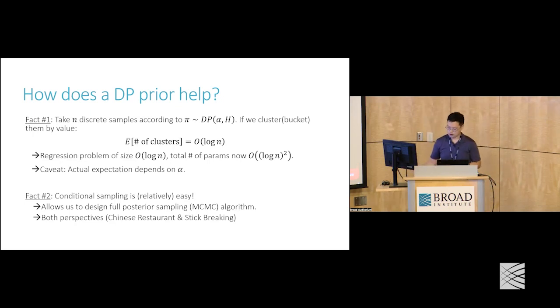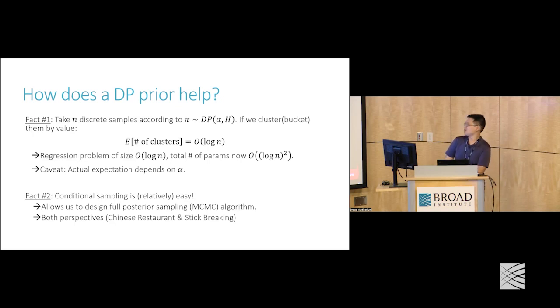To make this more concrete, if you have n organisms, you should expect to end up with log n clusters. So the regression problem that you started with, where you had to estimate n square parameters, is now much better: you're estimating log n square parameters.